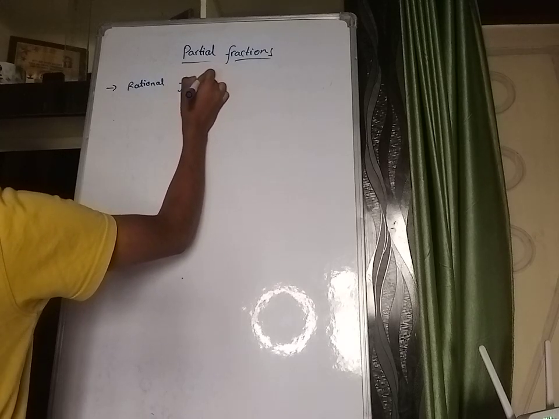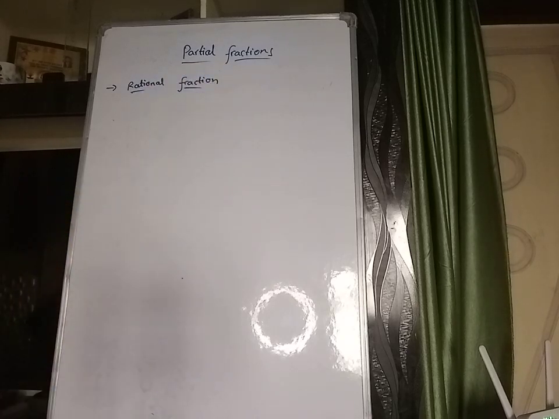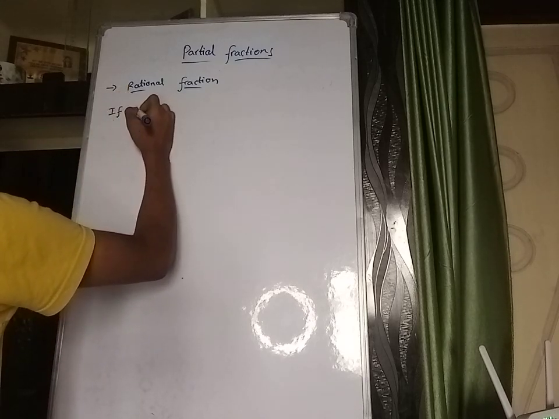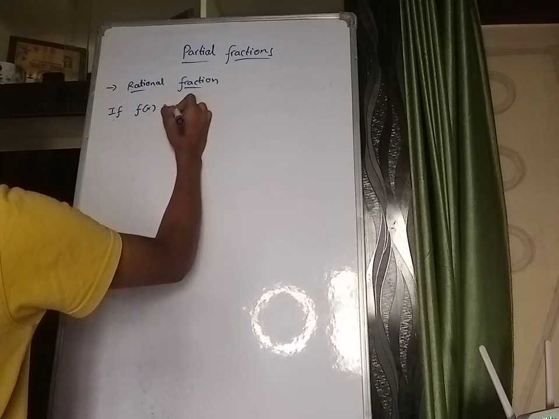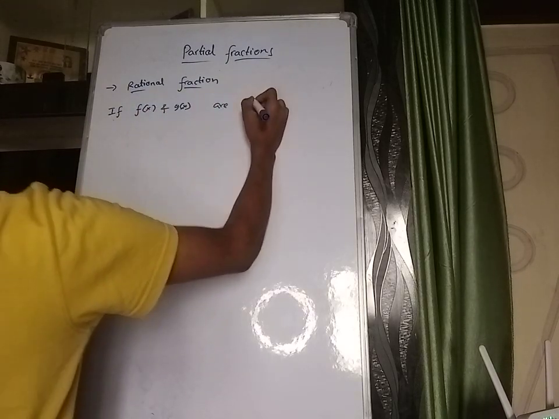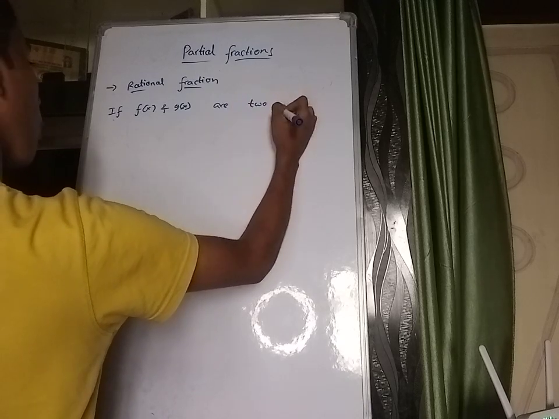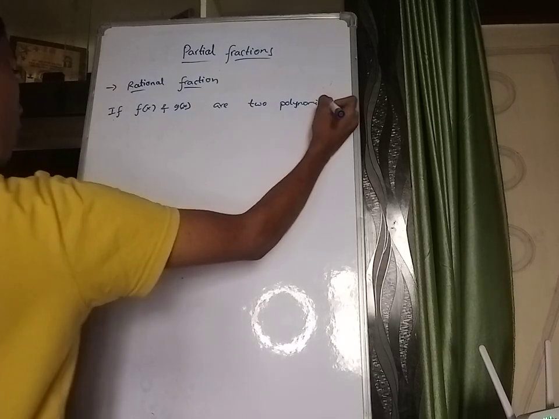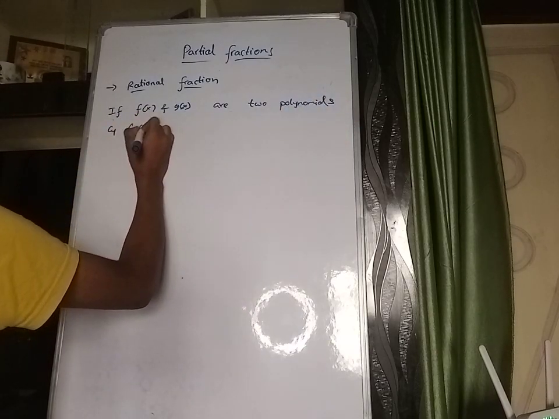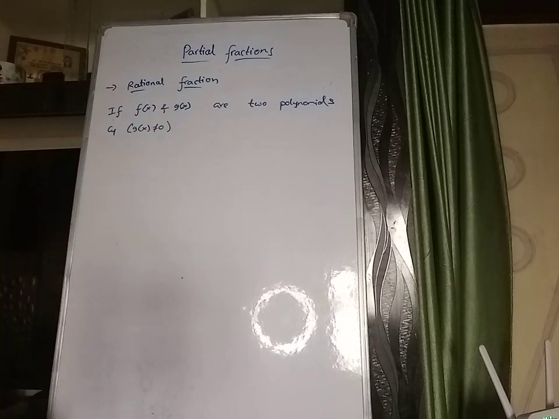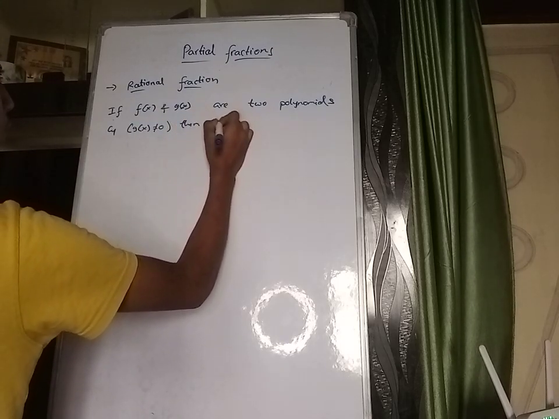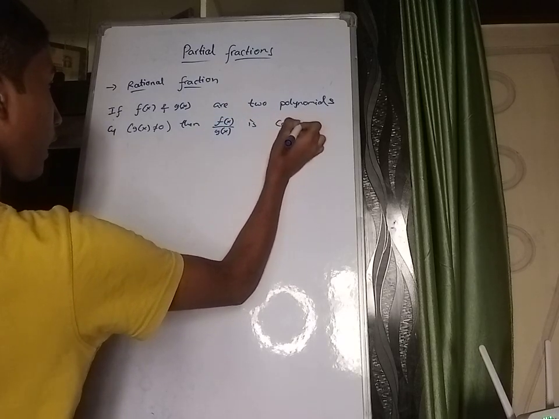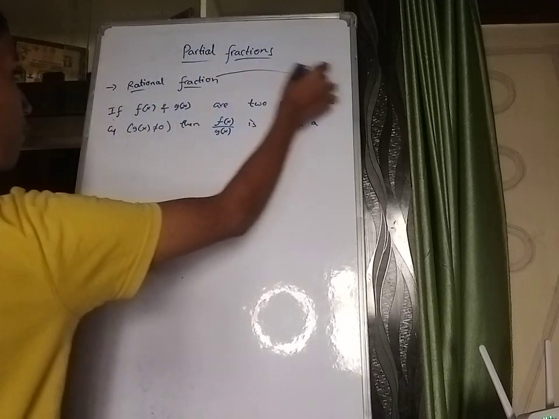Rational fraction. Let us assume that f of x and g of x are two polynomials and g of x is not equal to 0, then f of x by g of x is called a rational fraction.